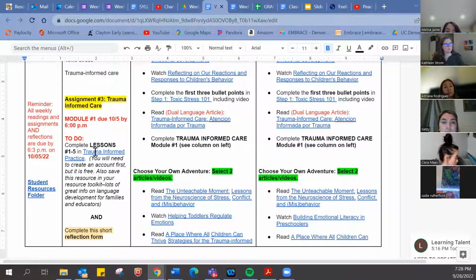So you're going to go to this website called Cox Academy, I think it's Academy, and you'll need to create a free account. It only takes a quick minute to set up your free account. And then you're going to do lessons 1 through 5, but each lesson is just like a couple minutes long, so it's really short. And then we'll have you do just a learning check-in, a quick reflection on that. So that will be linked there.